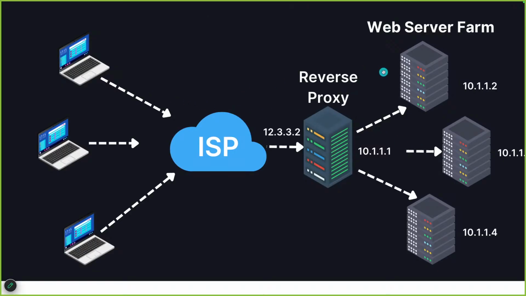And when users navigate to this web server, the reverse proxy is actually the one with the public IP that's probably going to have the DNS A record entry that users are connecting to when they build their packets. And then it's going to translate that traffic to the private IP space over to the web servers. So we're hiding our web servers' actual IP identities on the internet. And then we could also be doing some sort of TLS decryption and packet inspection there as well.